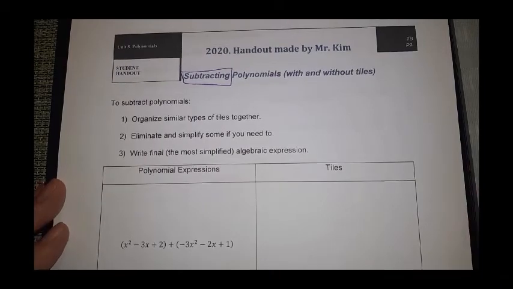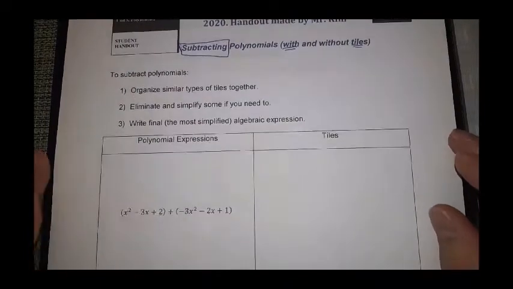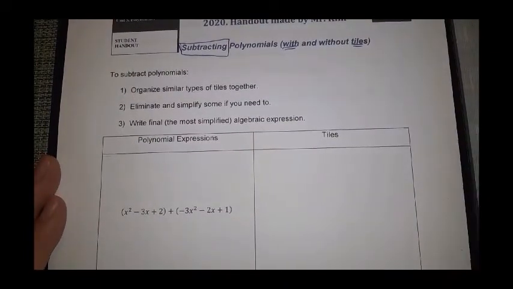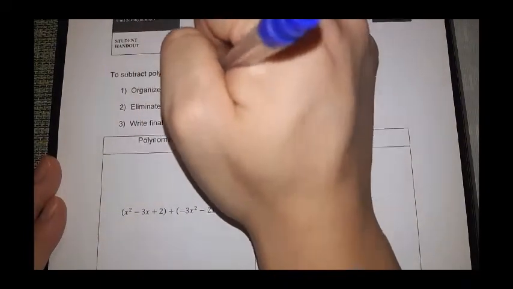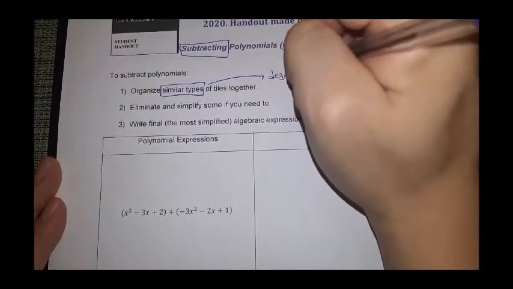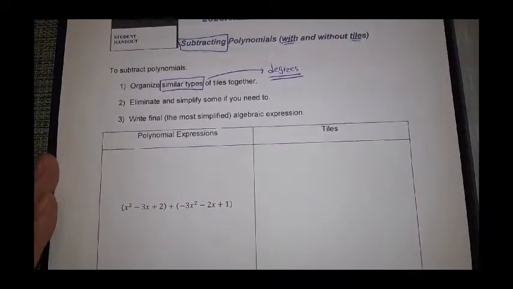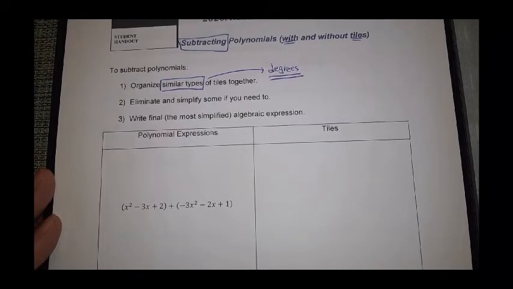When it comes to the first method, let's go through it with tiles. Basically, it's a similar thing. We are going to organize similar types, and when I mention similar types, I'm talking about degrees. So is it a square, a single unknown variable, or a constant, those kinds of things.